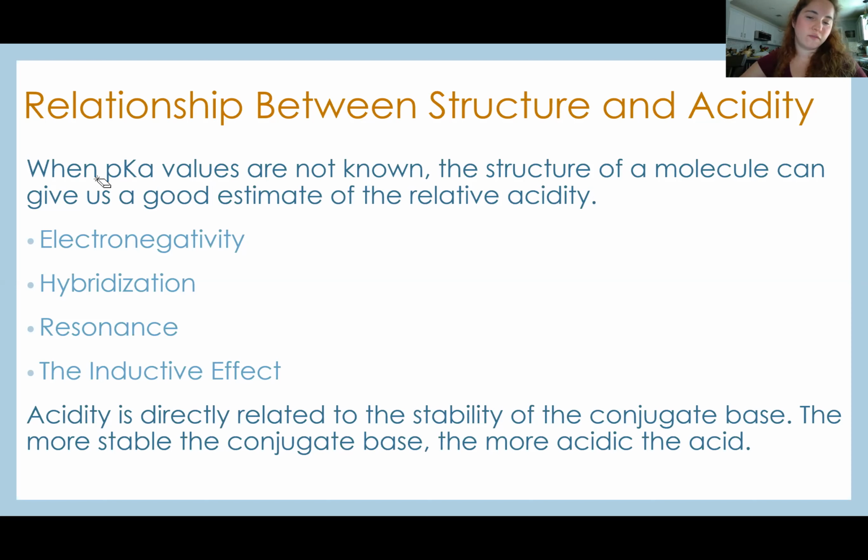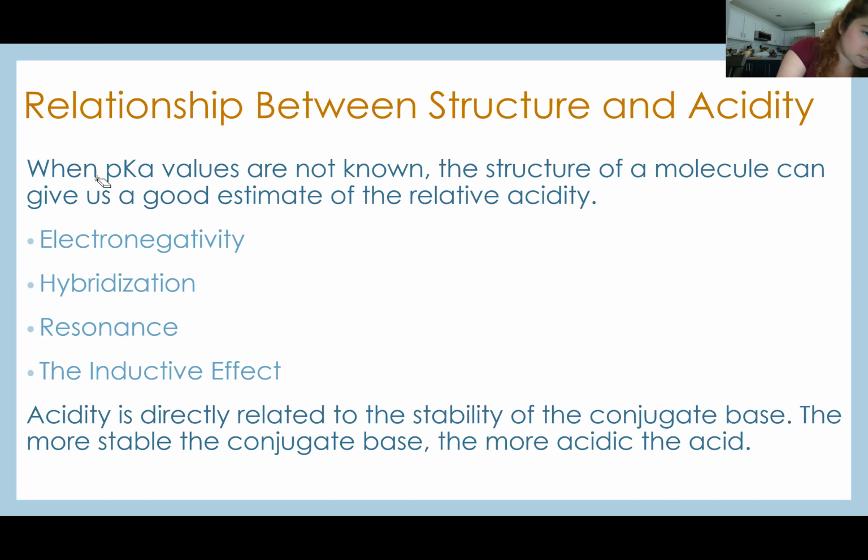So the 4 main contributors to acidity are electronegativity, hybridization of the atom that the hydrogen is attached to, resonance, and the inductive effect. And I have a slide for each one of these. Some of them have multiple slides.